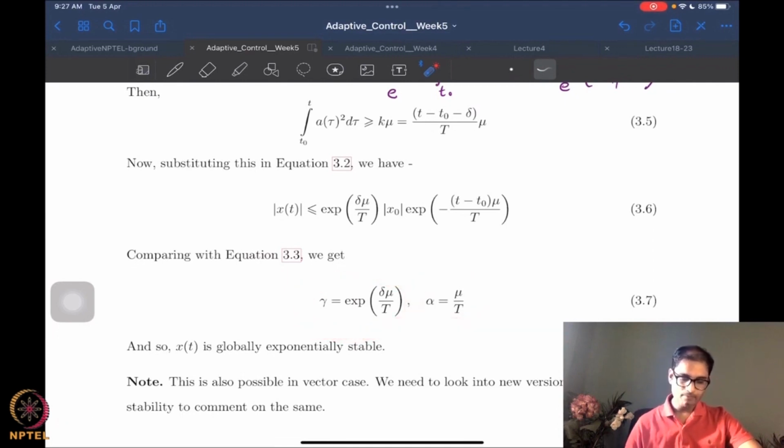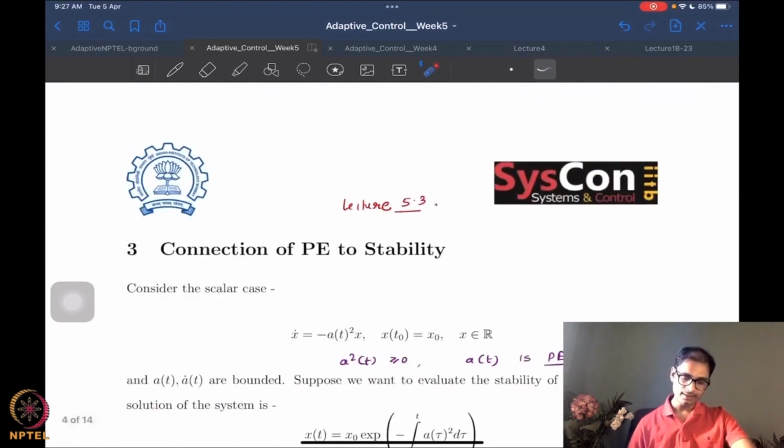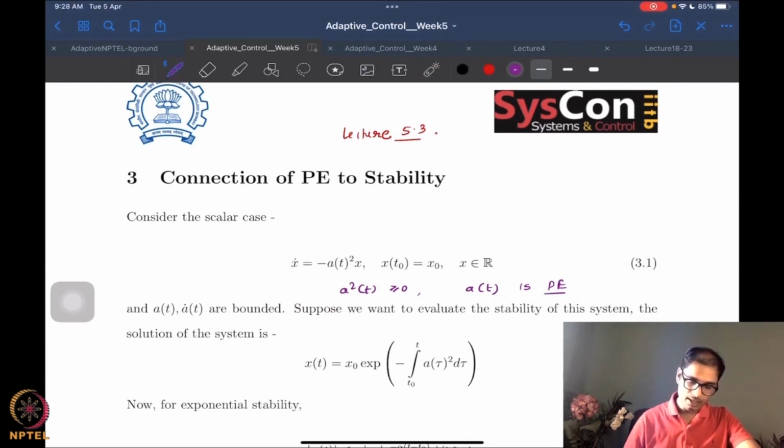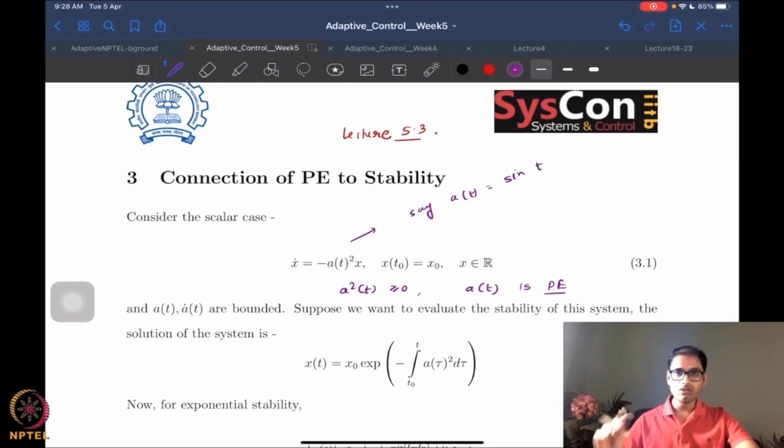So therefore, what have I proved? I proved that if I started with a scalar system which looked like this, and here the A is not necessarily strictly positive, I could in fact have something like A of t is, say, sine t, which goes through zeros also, not always positive, and therefore I cannot use my conventional integration to conclude exponential stability.